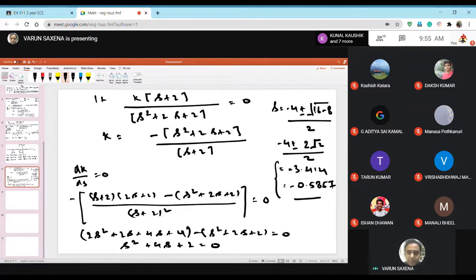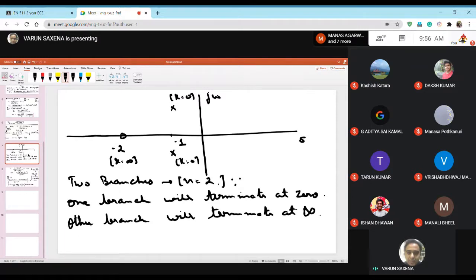Now you again get two values. We have to figure out which value to take and which value not to take. How will you decide? These are values on the real axis. Can anybody tell me?